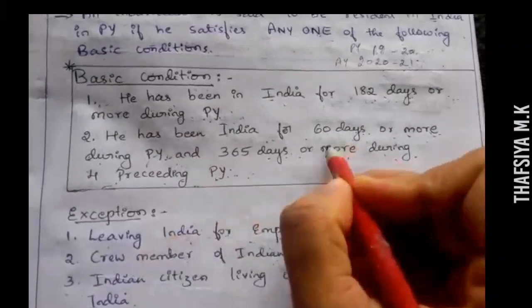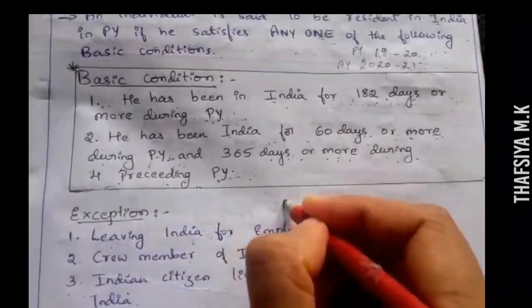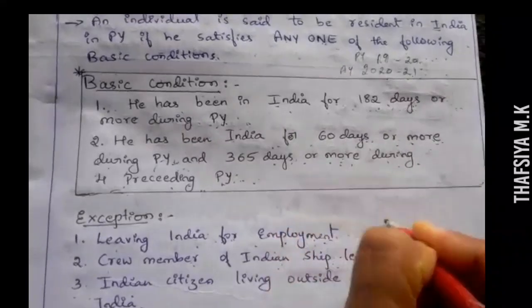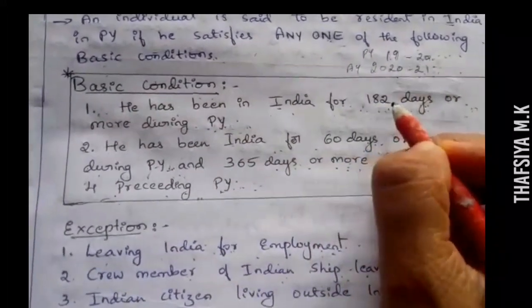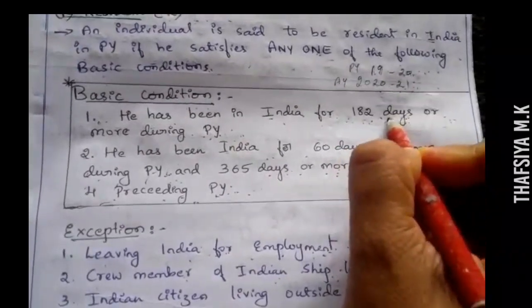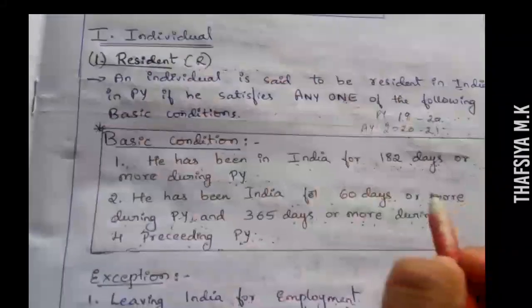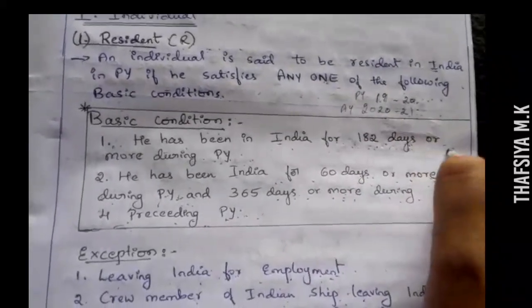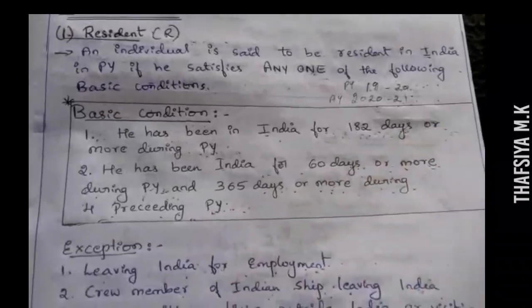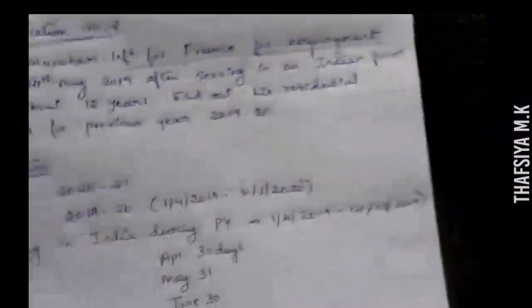Exception to the second basic condition means they have to stay in India for 182 days to become a resident. If they do not stay in India for 182 days in a previous year, then they are a non-resident. So we have to find whether they are resident in the previous year.